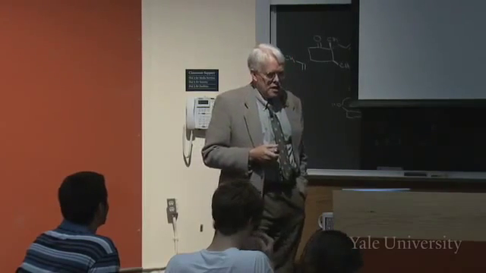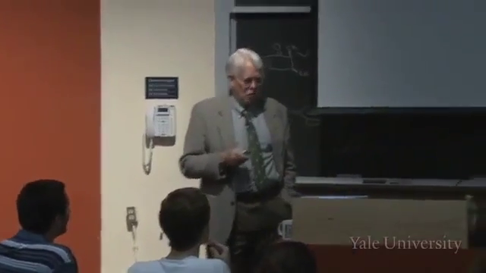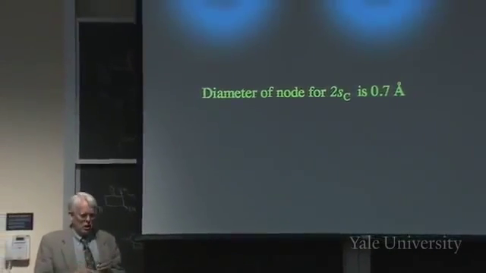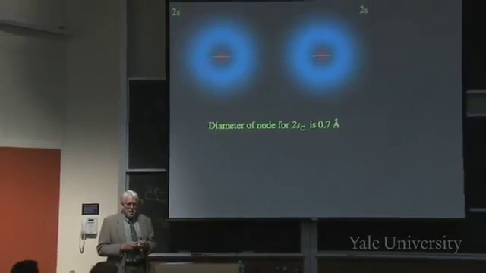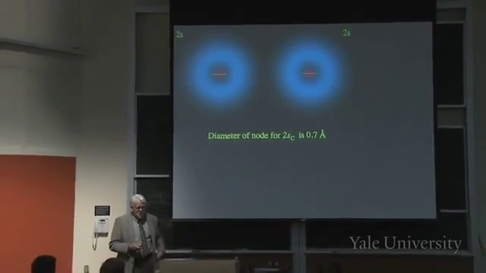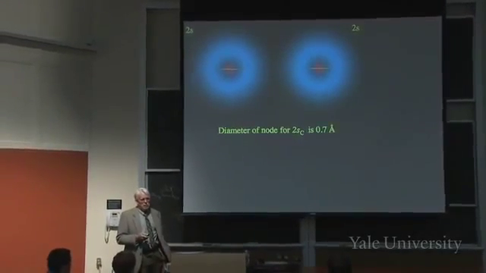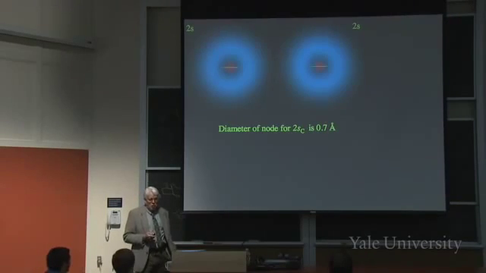Here are the 2s orbitals of carbon atoms, and you can work out with your formulas that the diameter of the spherical node is 0.7 angstroms, right? That means we have a distance scale here. Now, the distance between two carbons is roughly 1.4, 1.5 when they're forming a bond with one another.